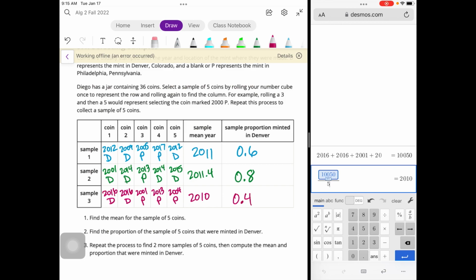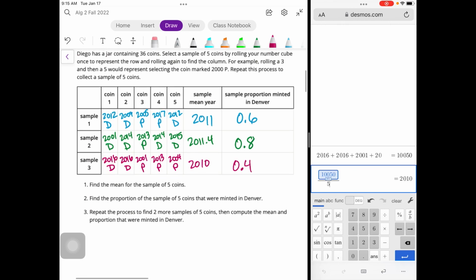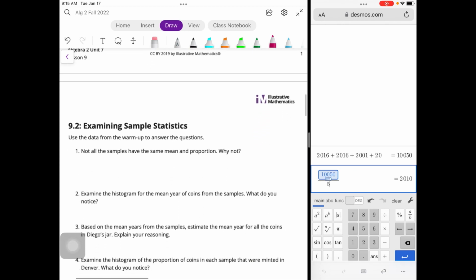All right, so for sample 1, 60% of them in that sample were from Denver, and the mean year was 2011. Sample 2, the mean year was 2011.4, and 80% of them were minted in Denver. And then in sample 3, the mean year was 2010, and 40% of them were minted in Denver.